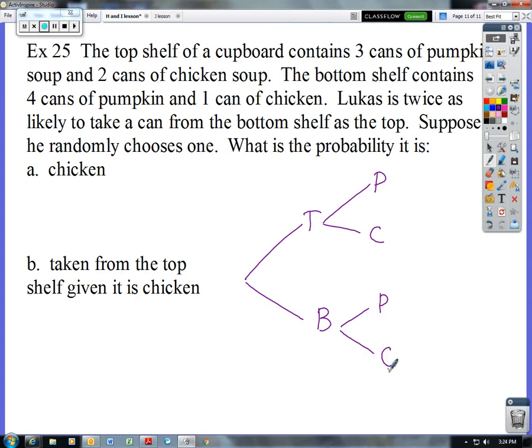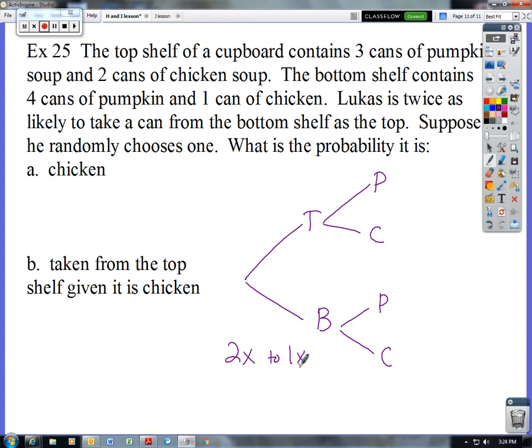Now we can throw the probabilities on there. Let's see. Lucas is twice as likely to take a can from the bottom as the top. So it's a 2 to 1 ratio. So you could do 2x to 1x ratio basically. And that means for a total of 3. I'm trying to think of how to explain this.